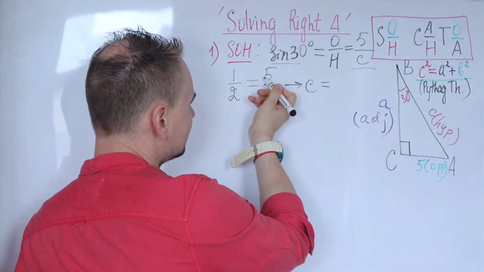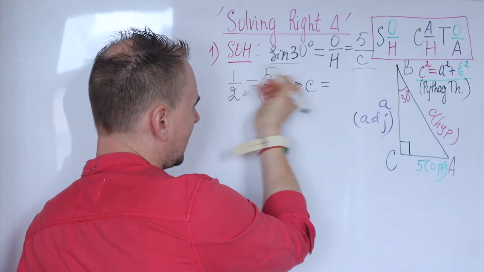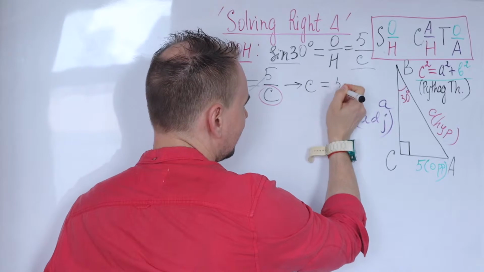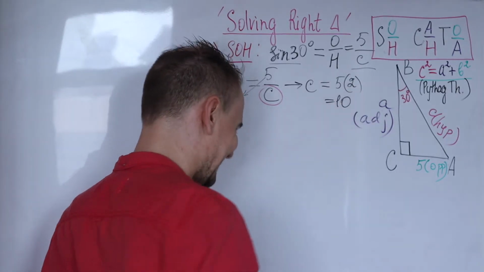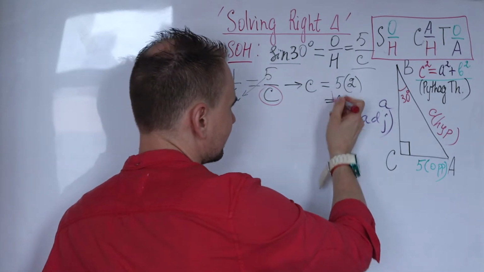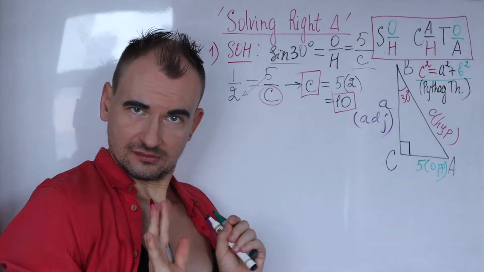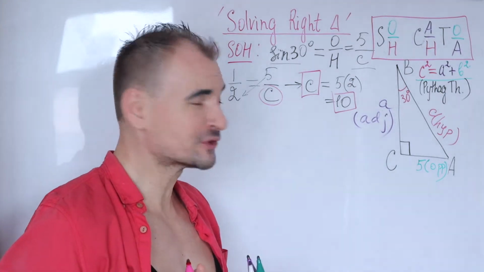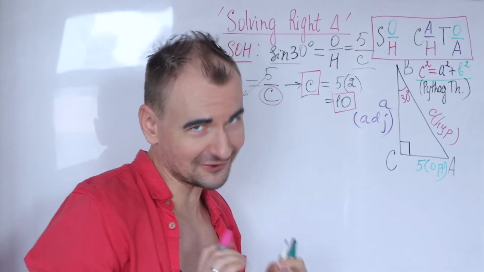That basically means you need to multiply 5 by 2 and divide it by 1. So it becomes just 5 times 2, and you see it is just 10 units. Congratulations, the hypotenuse is there, it's 10. Now, we're not done yet.